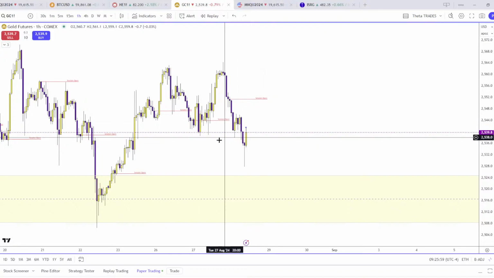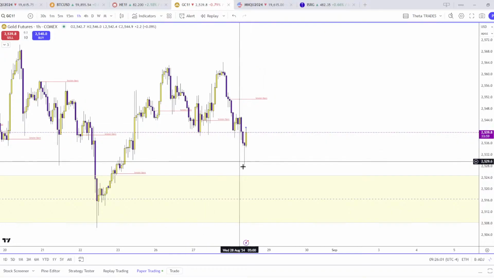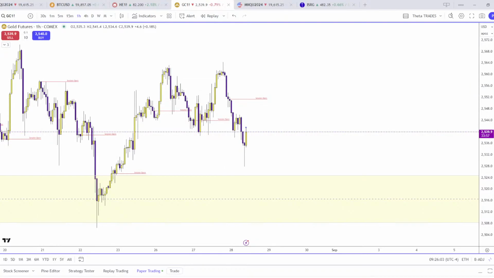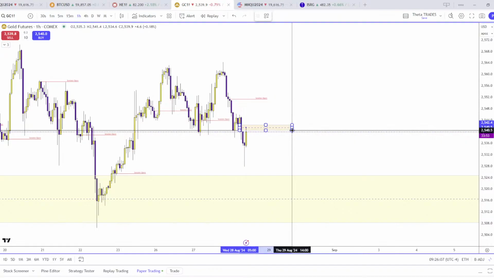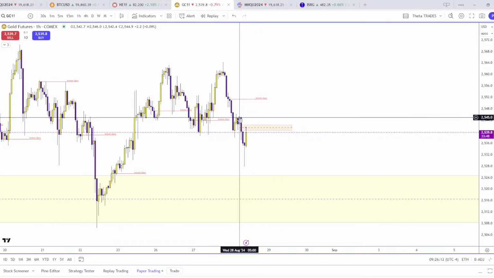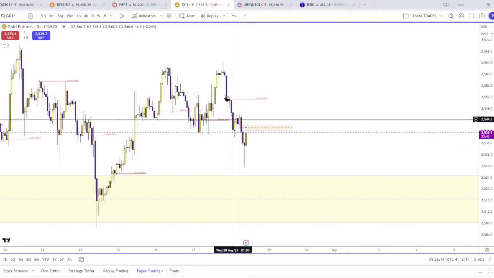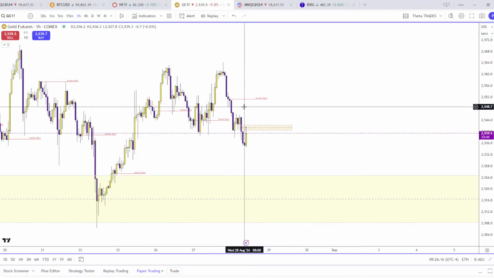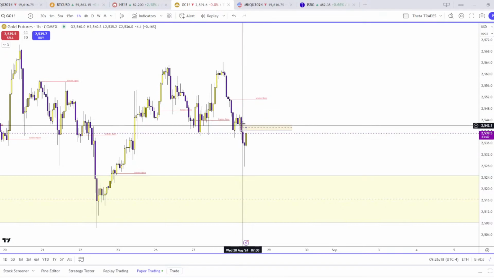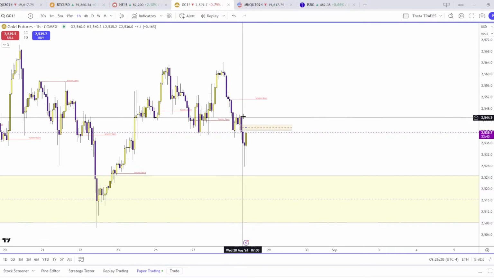So that's the level and you've shaken out these lows. So watch this level right here. If we get a resurgence in gold, like there, if we can get above that and this candle here, we're getting back into this range. So watch that level there and that high.